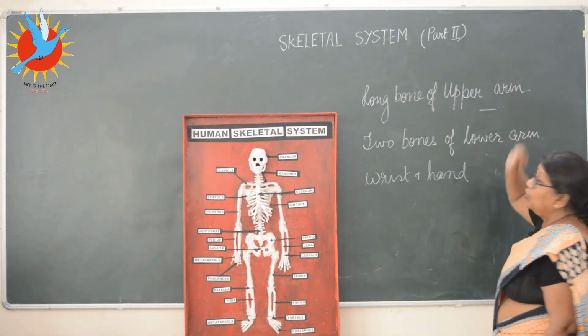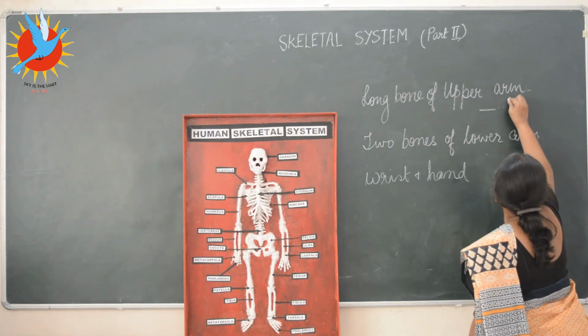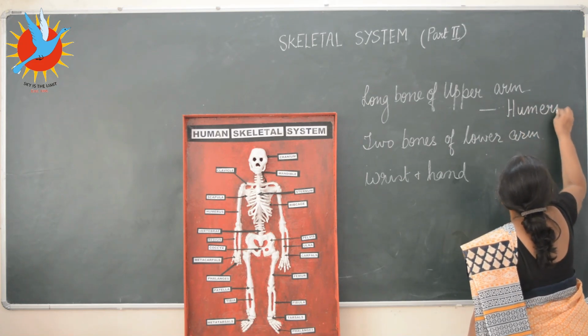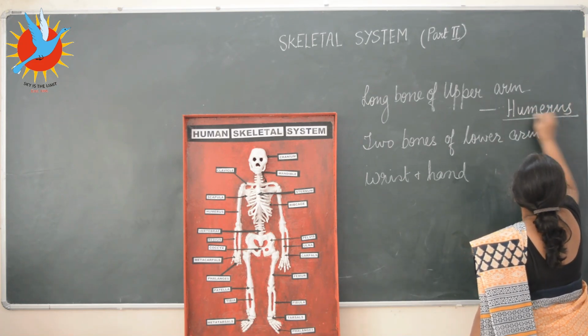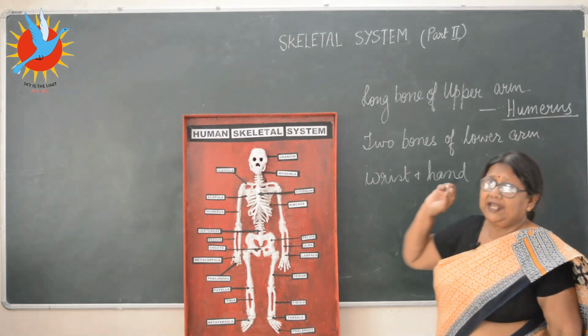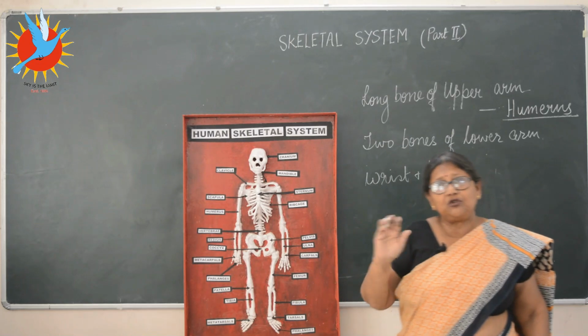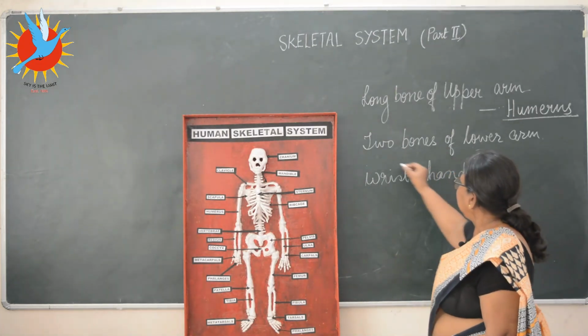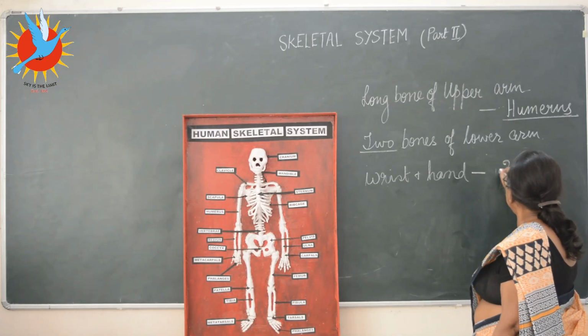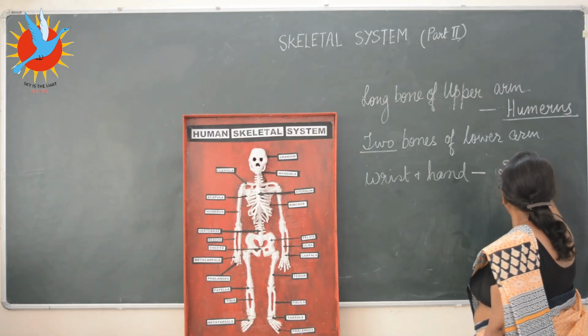This one, the long bone of the upper arm, is called humerus. Here the two bones, you don't have to learn the names, they are called radius and ulna, but just remember there are two bones. And the wrist and the hand together have got small 27 bones.